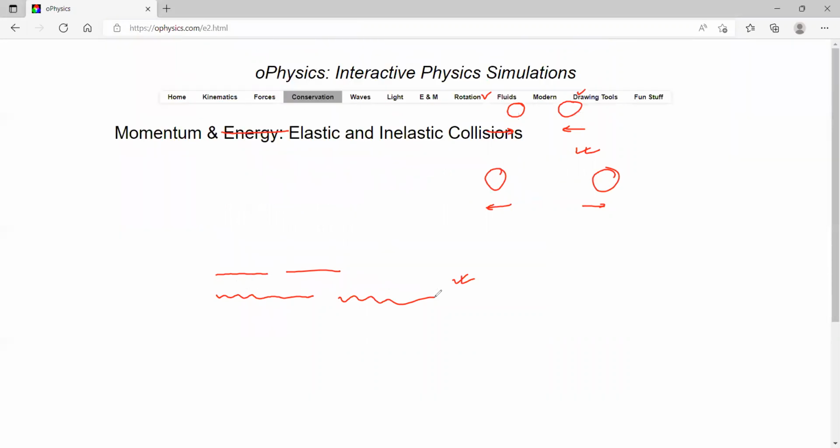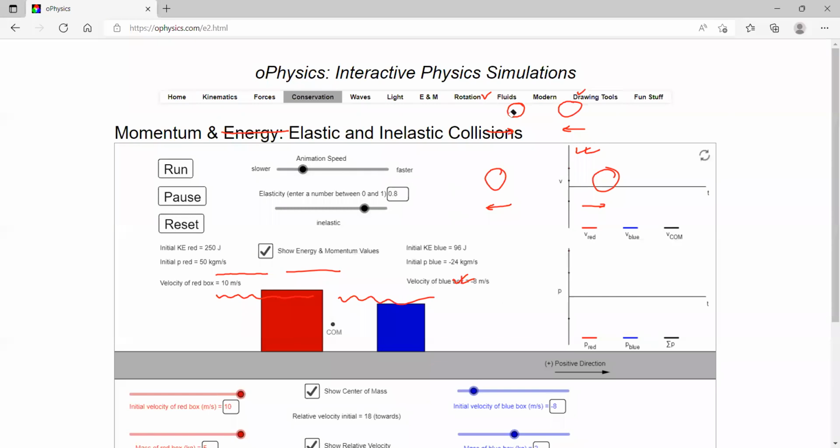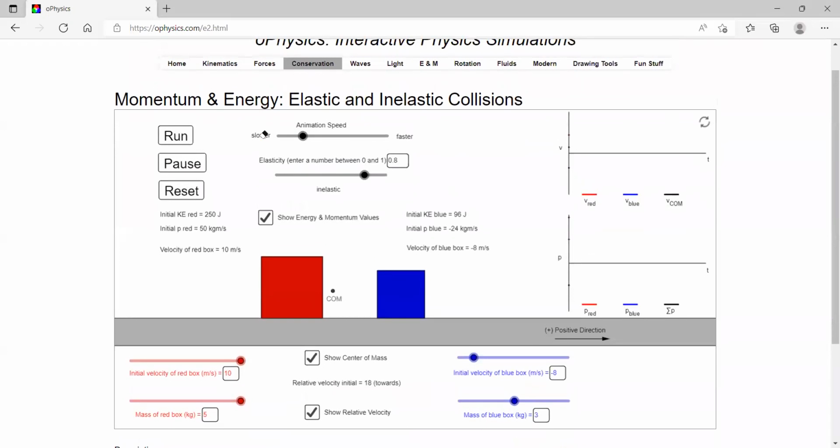Here is a simulation, and by using it we can show that the total momentum is constant before and after the collision. There is a change in the individual momentum, but the total momentum is constant. Let's say we have a red box and a blue box.